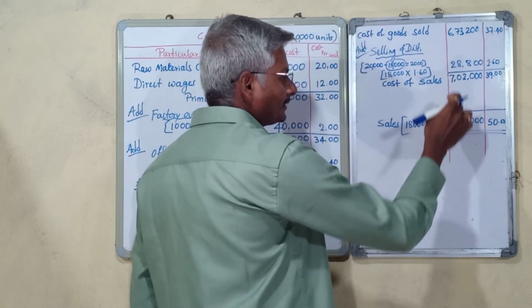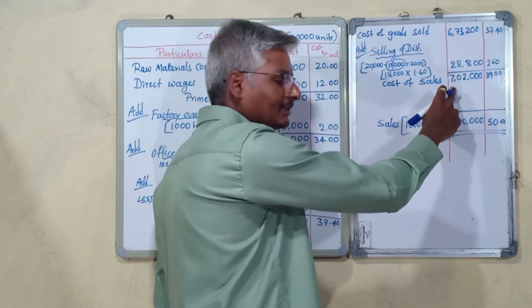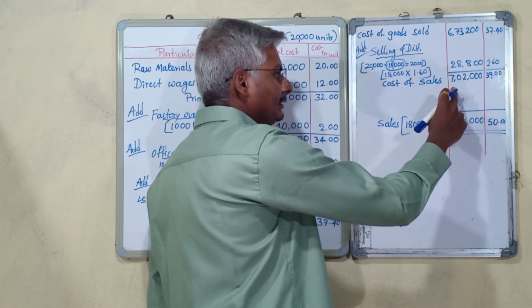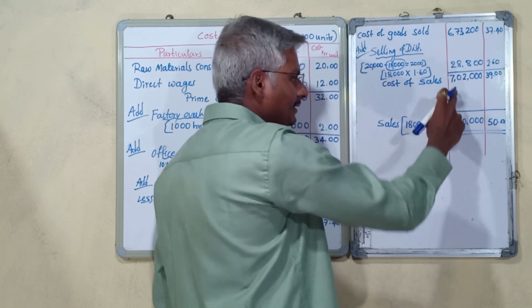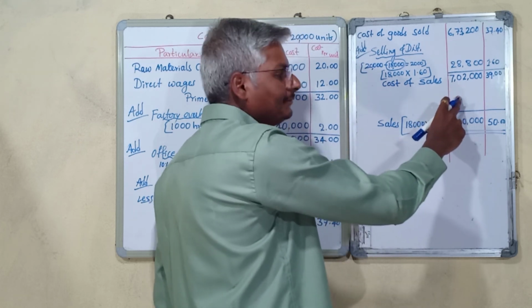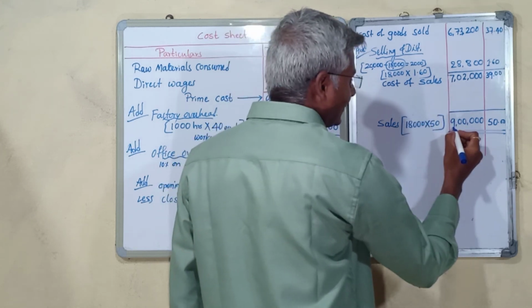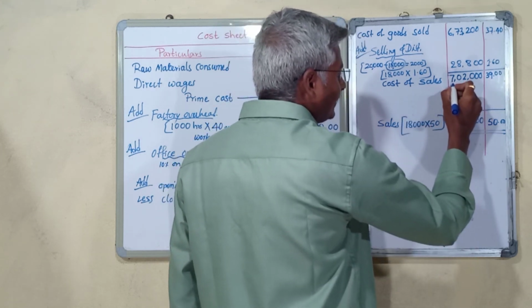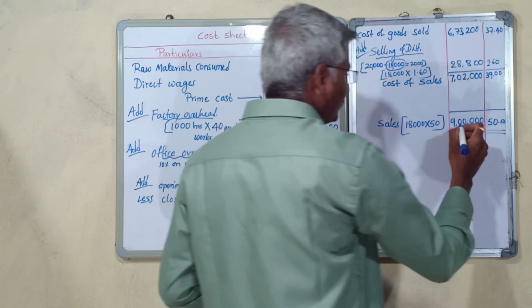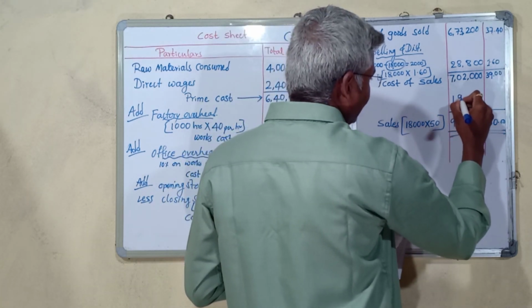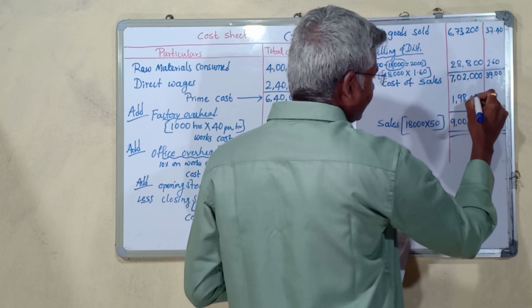So the difference, if it comes positive, we take it as a profit. If it comes negative, we treat it as a loss. So 9 lakhs minus 7 lakhs 2,000 gives 1 lakh 98,000.